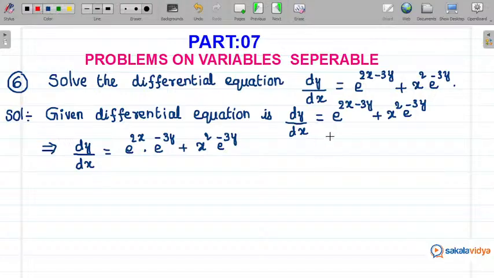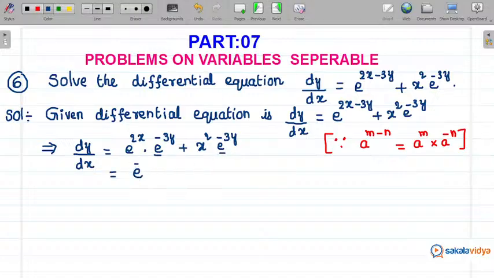See, since we have the formula a to the power of m minus n equals a to the power of m into a to the power of minus n. In the last problems also we have discussed this formula. So, now here e power minus 3y we can take out common.